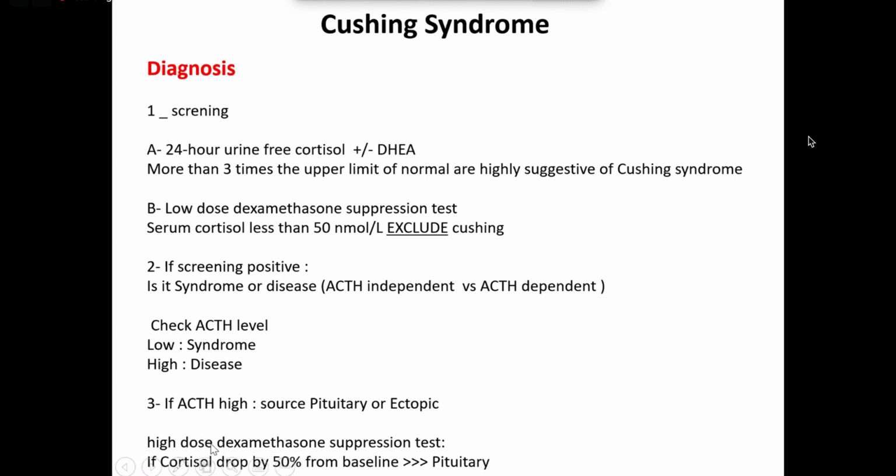If it drops by 50% or more, this is pituitary, because high dose dexamethasone can suppress the normal pathway. However, if it's ectopic, high dose of dexamethasone will not affect the ACTH level.